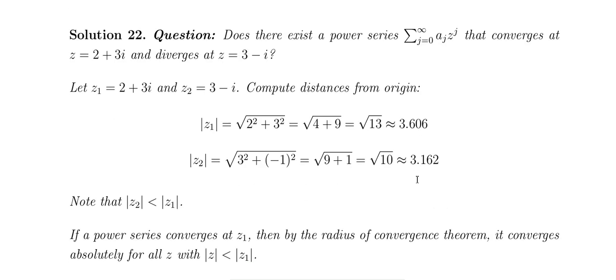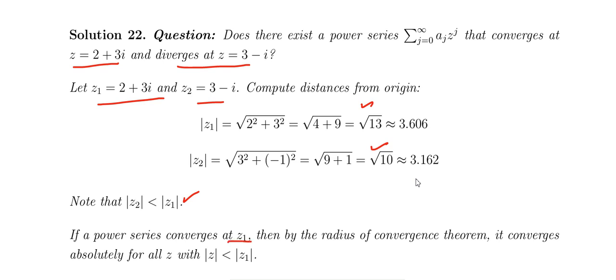Like that: does there exist a power series summation aj z power j that converges at z equal to 3 plus i and diverges at z equal to 3 minus i? So taking z1 and z2, mod of z1 is this one, mod of z2 is root 10, mod of z2 is less than mod z1.